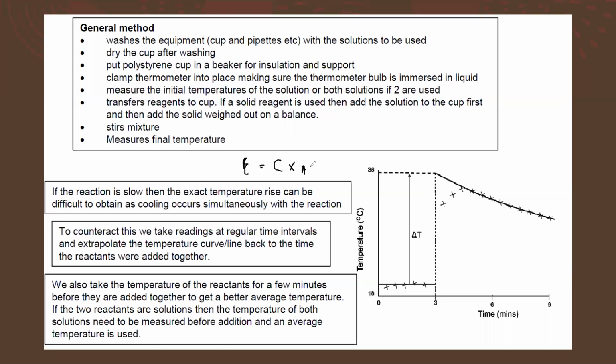M is the mass of water, because we consider the density of the water to be 1 gram per centimeter cube. So if density is 1 gram per centimeter cube, it means the volume of the water is the same as the mass of water. For example, if I have 20 cm cube of water, it means I have 20 grams of water. That is our assumption that water density is 1 gram per centimeter cube.